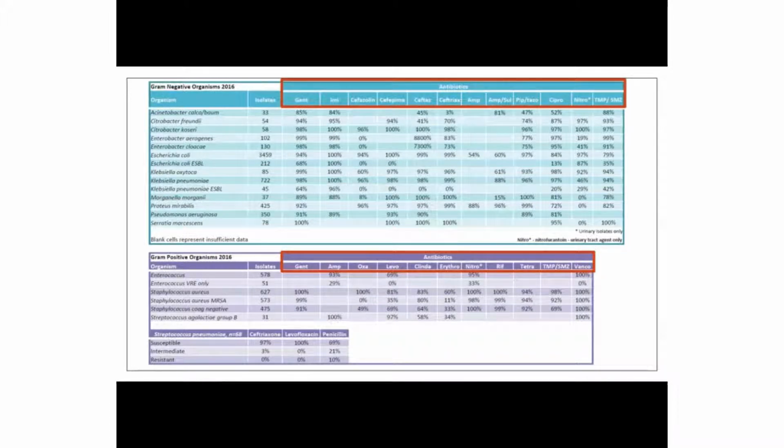And then the top row shows the different antibiotics that were tested against these organisms. And you can see that some of these areas are left blank, and that is just that either they didn't have enough isolates that were tested against that organism, or that antibiotic doesn't have activity against that organism. Therefore, it wouldn't be appropriate to test it.